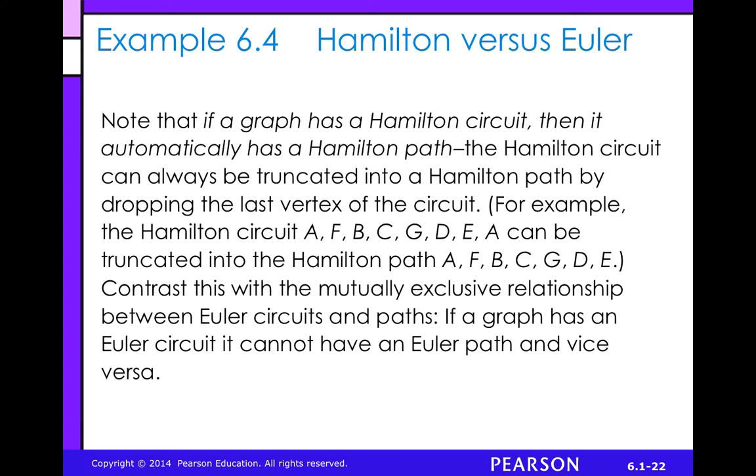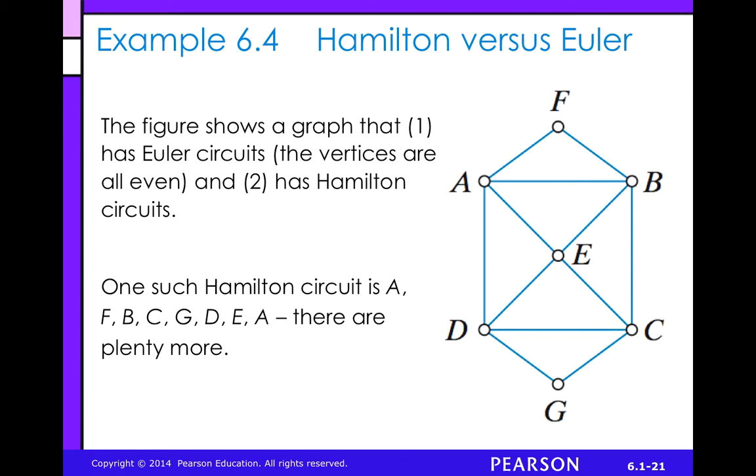Notice that if a graph has a Hamilton circuit, then it automatically has a Hamilton path, because circuits basically are paths. You can just truncate the final edge. So in this last example, we did A, F, B, C, G, D, E, A. If we just didn't walk that last edge, if we just stopped at E, that's a Hamilton path.